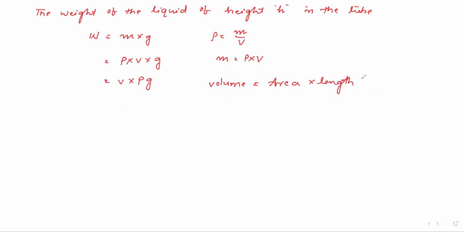But instead of length, what are we considering here? Height. Then the volume will become the area, because it is a tube, right? Then the area will be pi by 4 d square. So the weight is area into height h into rho into g. Clear? Now the area is pi by 4 d square into height h into rho into g. So this is equation number 1.